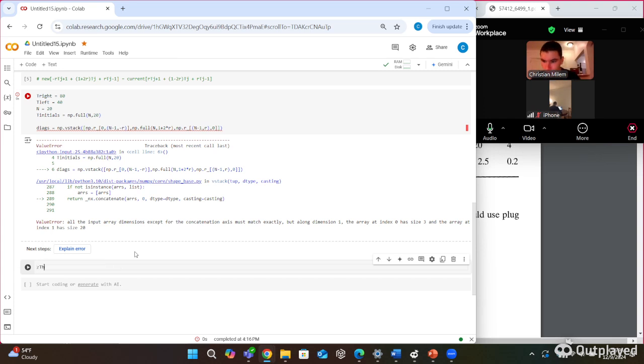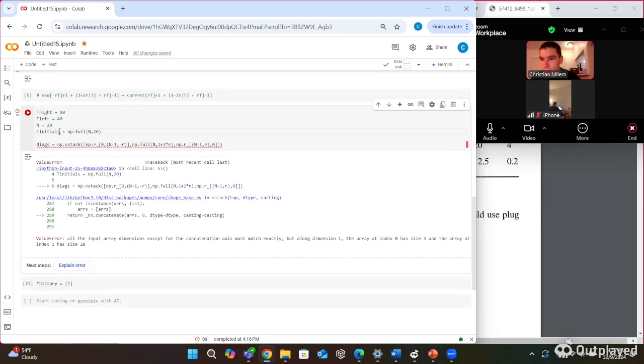I need an array of all of the values that we obtain. It's going to be t. So that's going to start with our initial ones. I initially labeled this as t temps.